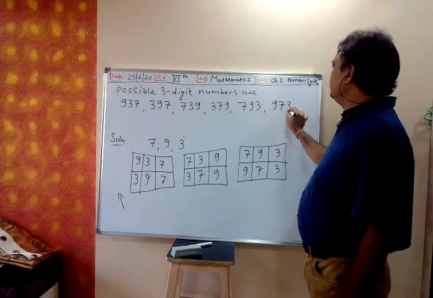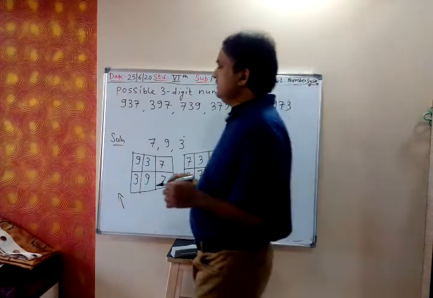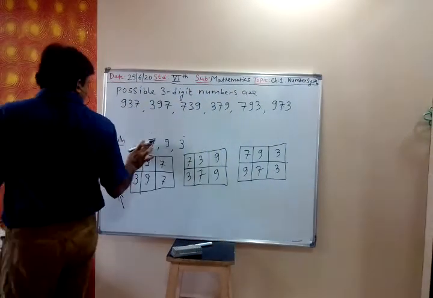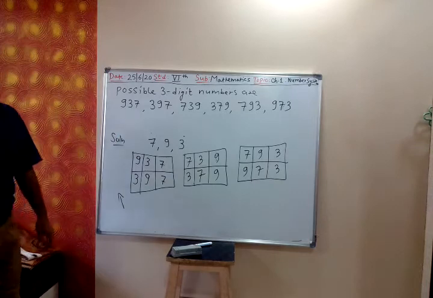These 6 3-digit numbers are there using the digits 793 only once.